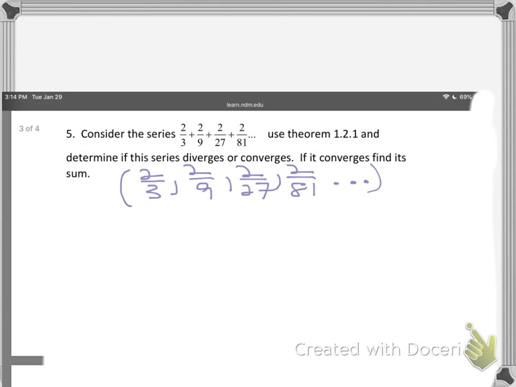Remember, you want to put it into the generic form a plus ar plus ar squared, so that we can pick out our a's and our r's.